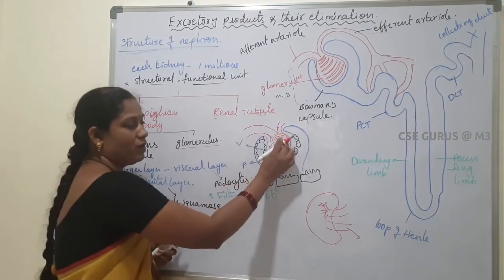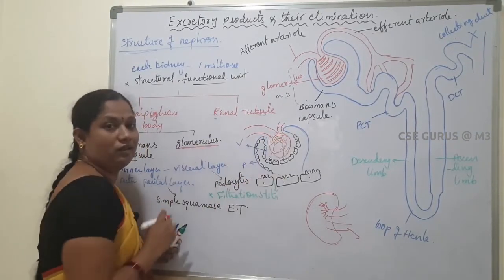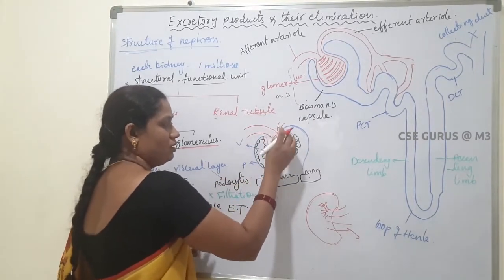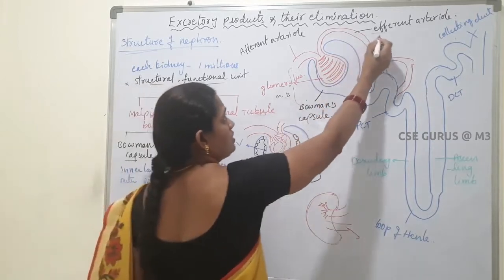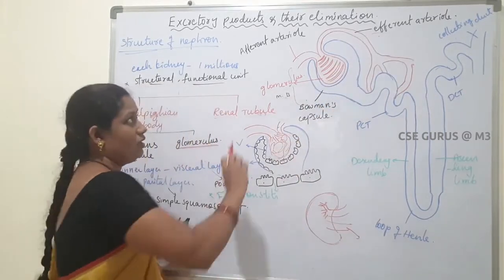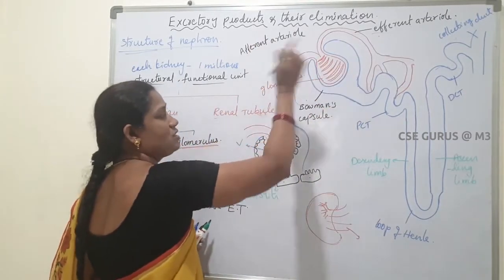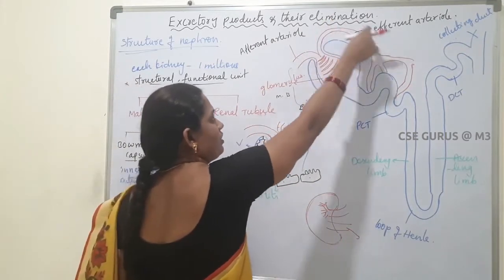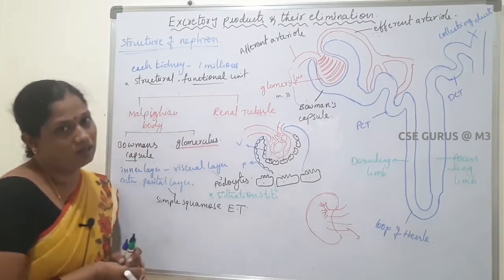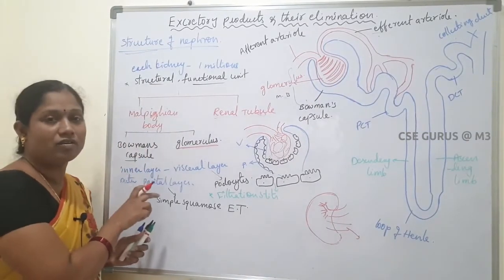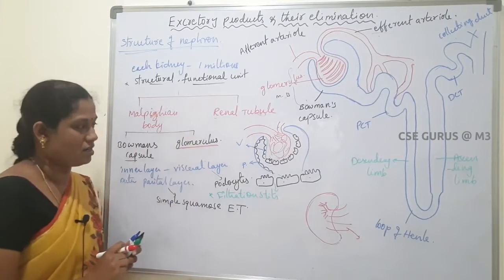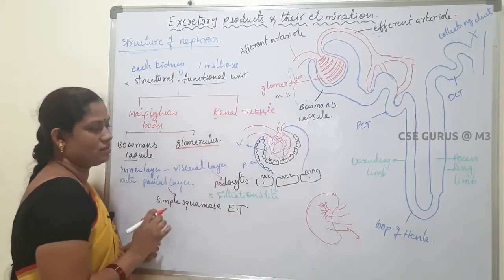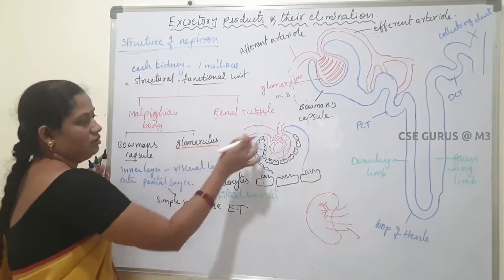These capillaries are called the glomerulus. The capillaries rejoin to form the efferent arteriole, through which the blood passes away from the glomerulus. So the afferent arteriole forms the glomerulus, and the efferent arteriole carries blood away.